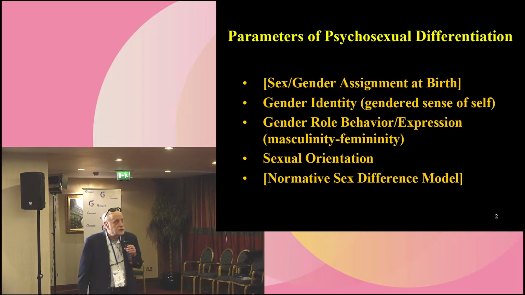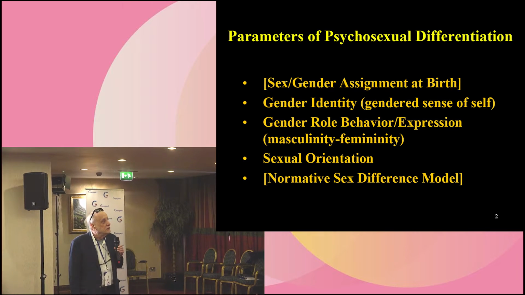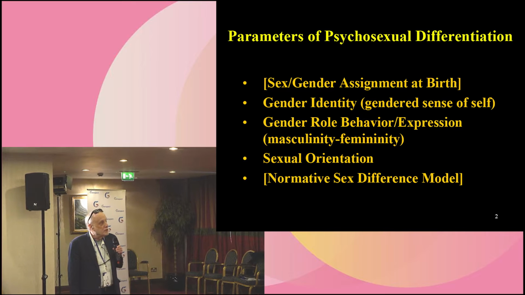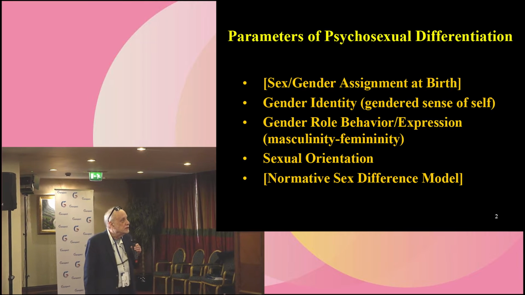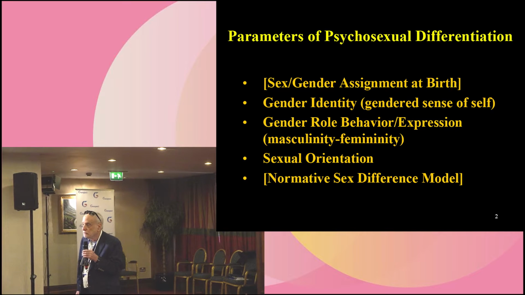We start with sex/gender assignment at birth, and then three parameters: gender identity, gender role behavior/expression, and sexual orientation.